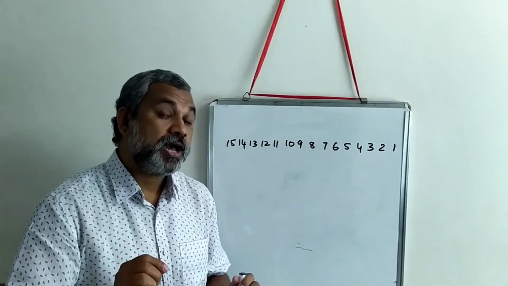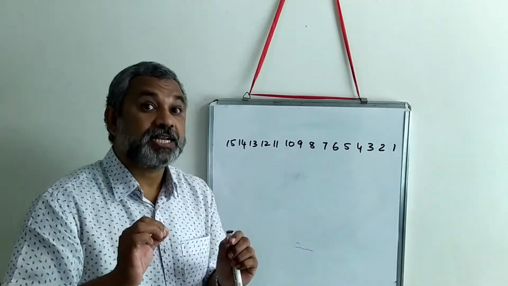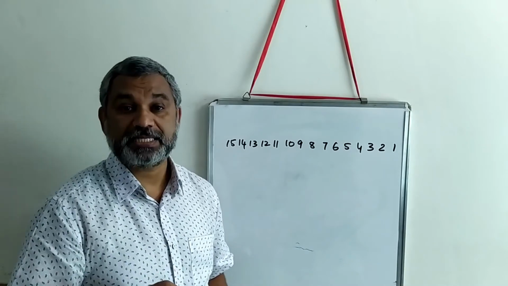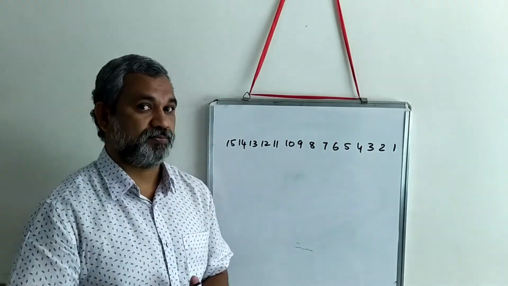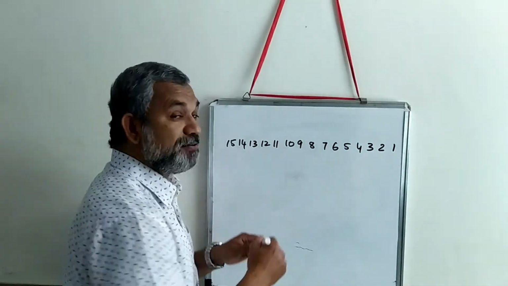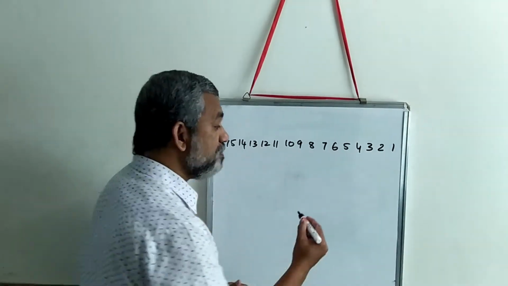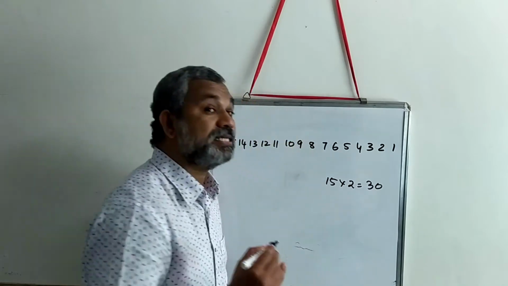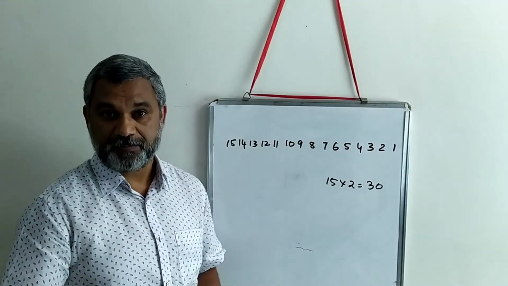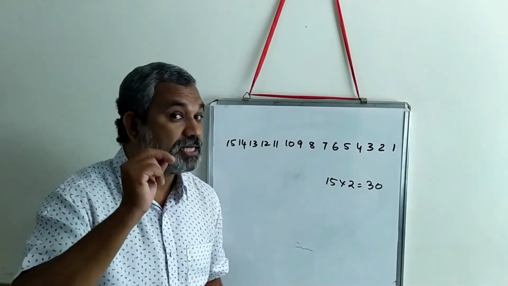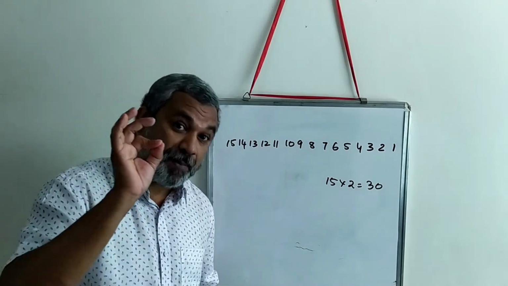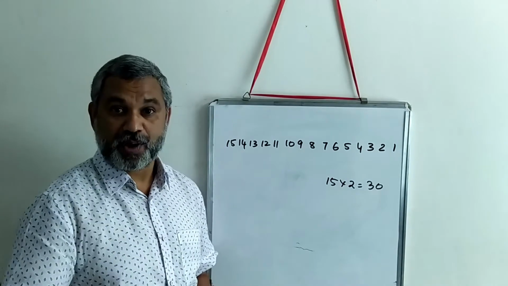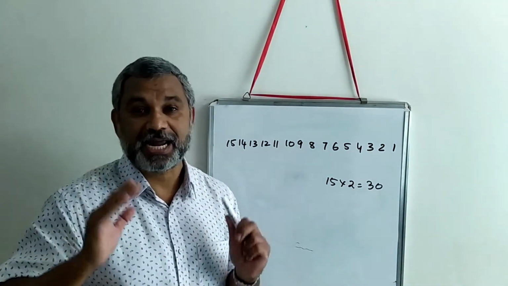We want to know how many hydrogen bonds can be present. We know that every amino acid can have 2 hydrogen bonds. So since there are 15 amino acids, there will be 15 into 2, that is equal to 30 hydrogen bonds possible. How are these 2 hydrogen bonds possible? One with the amino nitrogen and another one with the carboxyl end of the amino acid. So therefore we have 30 hydrogen bonds.